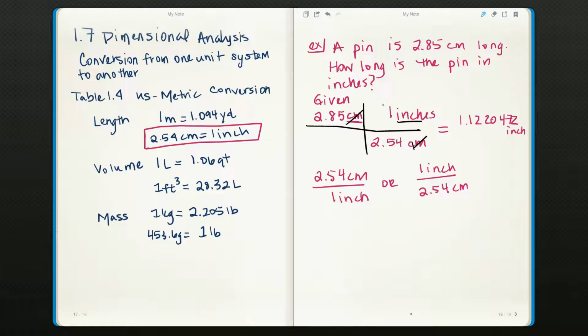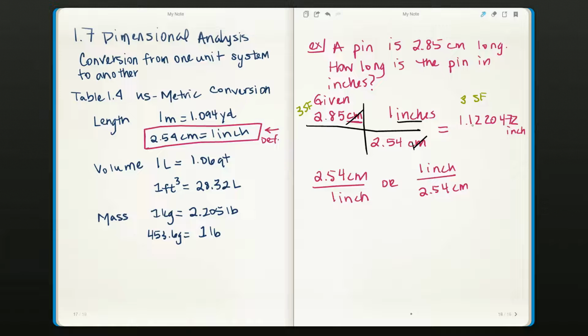And now we need to look at sig figs just like we have been. Remember that a definition is an exact number and it doesn't contribute to sig figs. So this is a definition, so it doesn't contribute to sig figs. So we just look at our given number, so 2.85. This has 3 sig figs. Okay, so our answer needs 3 sig figs.